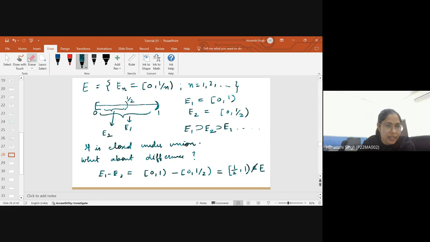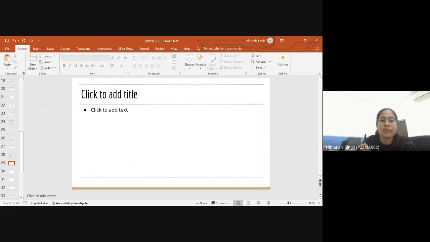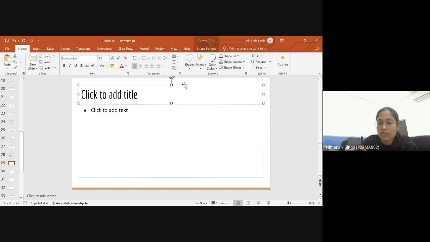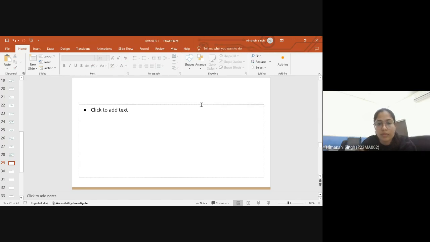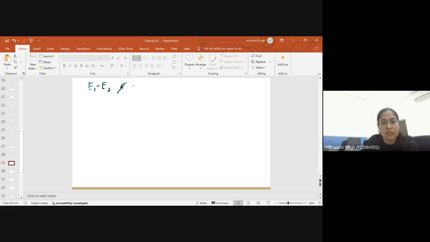So here E1 minus E2 does not belong to the set E, which implies that it is not a ring.